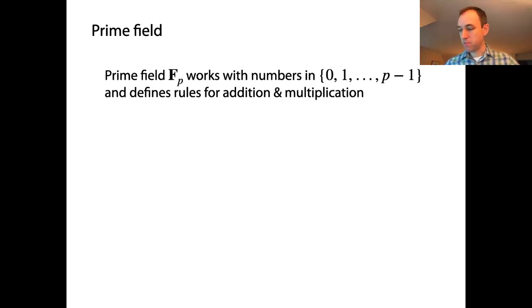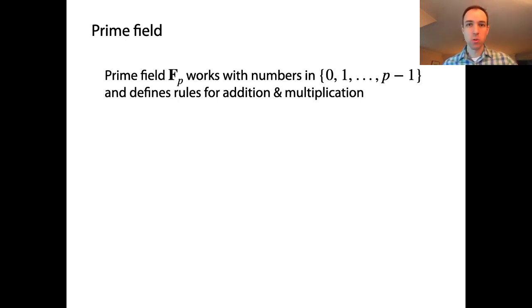Okay, so a prime field, and to introduce a little bit of notation, a prime field for a given prime p will be denoted with a bold F subscripted with p. So a prime field using prime p works with the numbers 0, 1, 2 up to p minus 1. And it defines rules for addition and subtraction of those numbers, right?